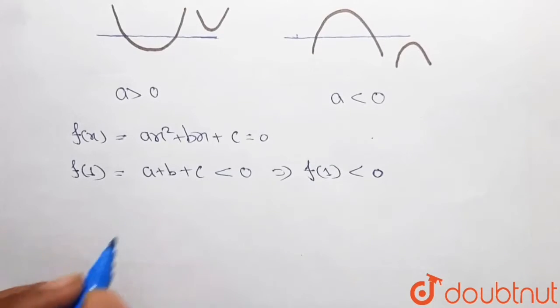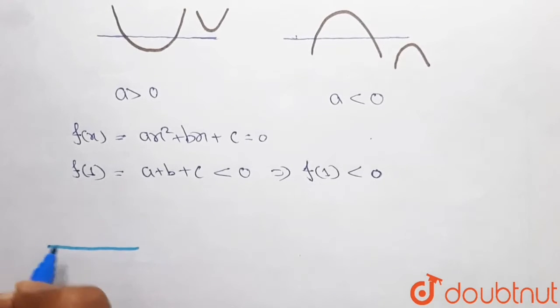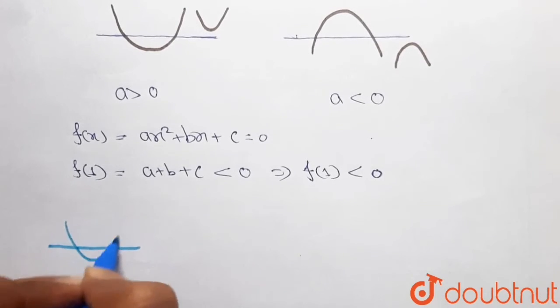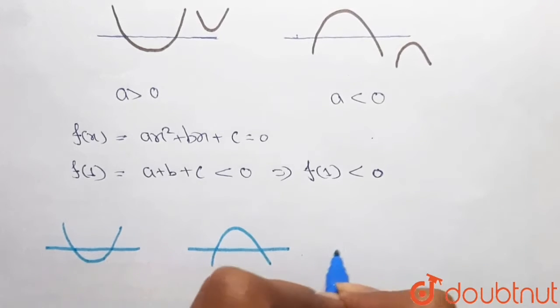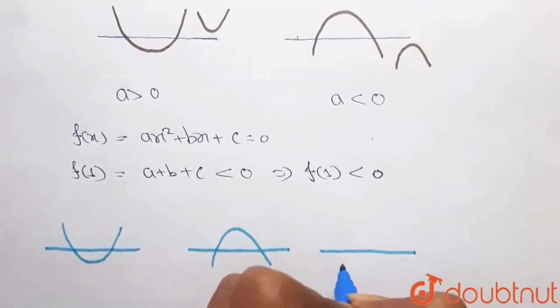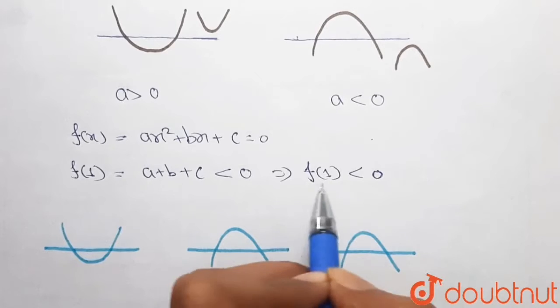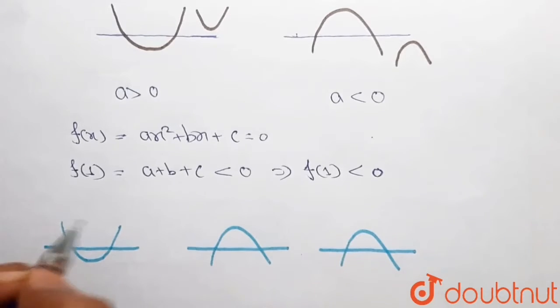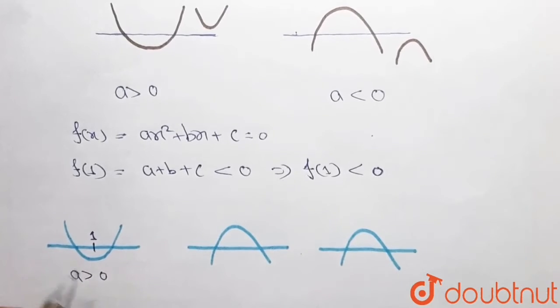So now there are three possibilities. Number one, if a is positive, then it can be like this. If a is negative, then there are two possibilities, right? It is given that at x equal to 1, the function will be negative, right? So 1 can lie here for a greater than 0, right?